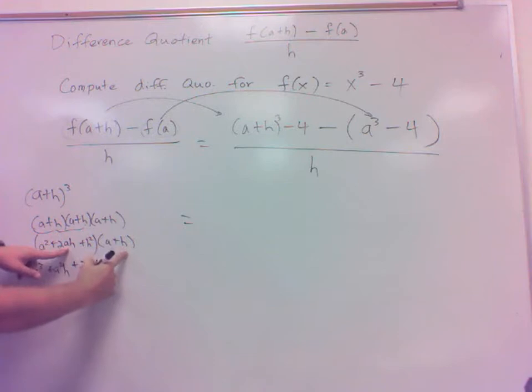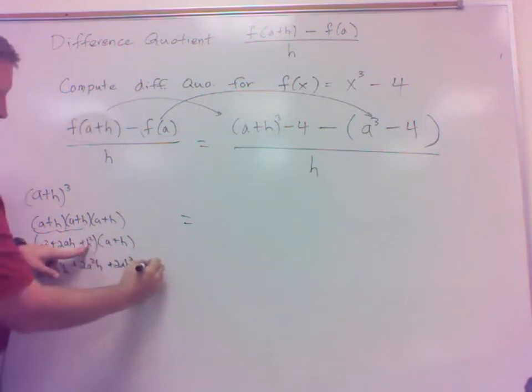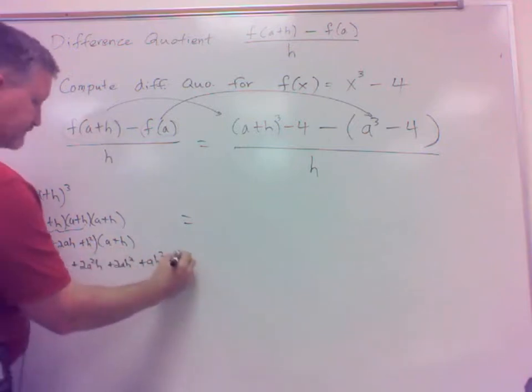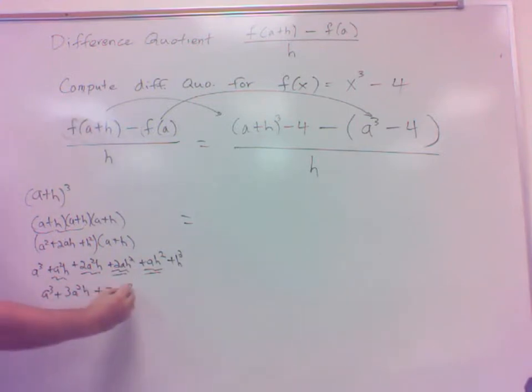Then 2ah times h is 2ah squared. And then h squared times a is ah squared, and h squared times h is h cubed. Some of these are like terms, so I've got a cubed plus 3a squared h, and 3ah squared.